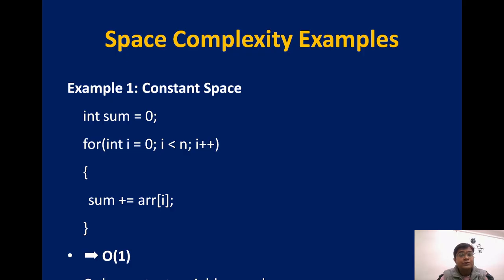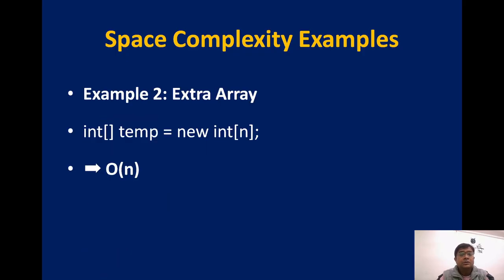That's how you calculate the space complexity. Another example is using an extra array: you have a temp array of size new int of n. So you are using space complexity of O of n.